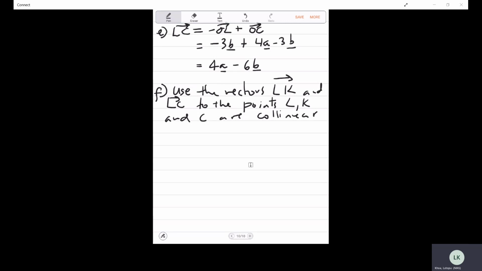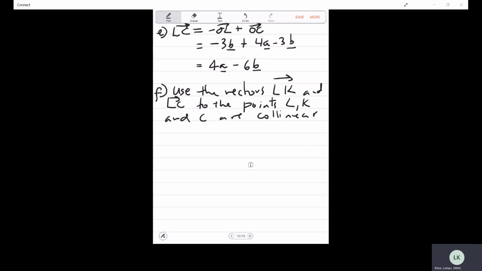So I want to show that these 3 points are collinear. So you can see already that LK and LC have a point in common, that's L. So what I do is I just show that the two are parallel.